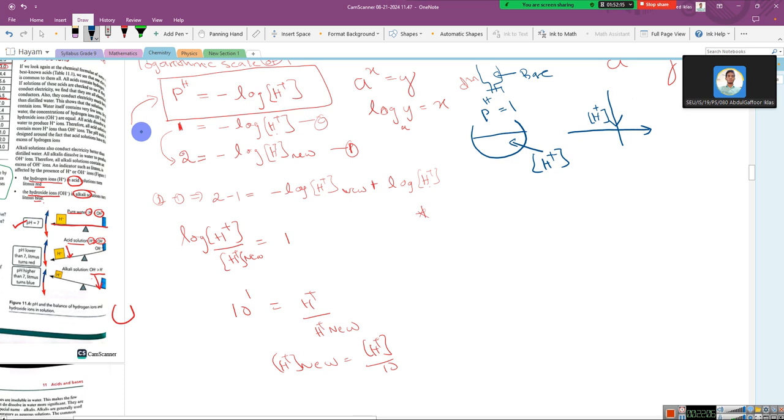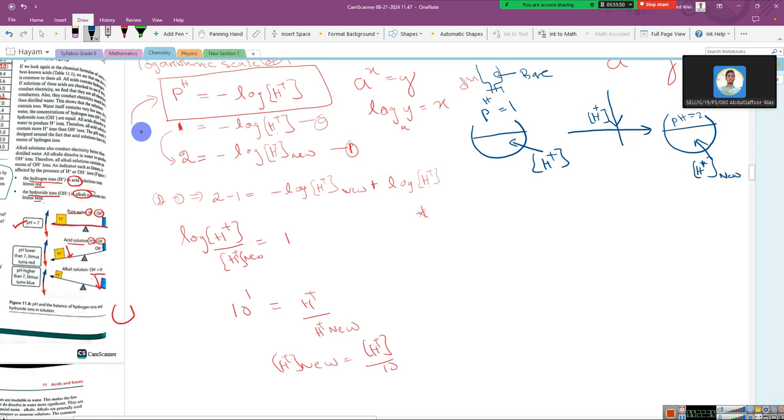This is called a neutralization reaction. Now at a certain point the pH has become 2. We do not know the concentration of H plus ions in this solution, but definitely it has reduced.